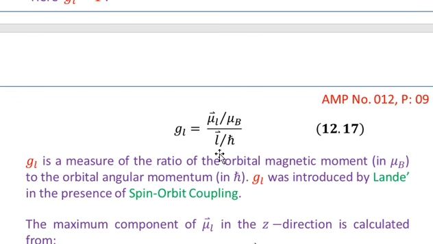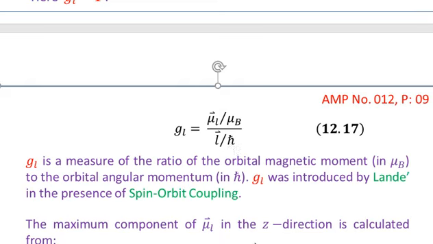So that's why I have written this definition in the following form. So GL is a measure of the ratio of the orbital magnetic moment, mu L in mu B, to the orbital angular momentum in h bar. So GL is nothing but the ratio of the measurement of mu L in terms of mu B and L in terms of h bar.